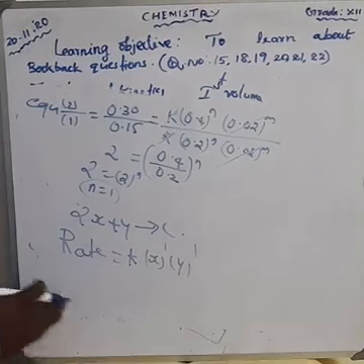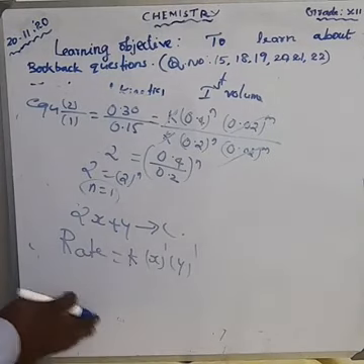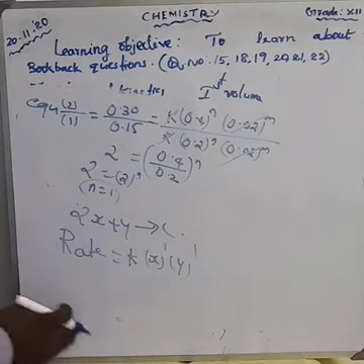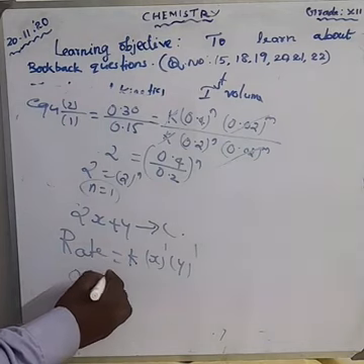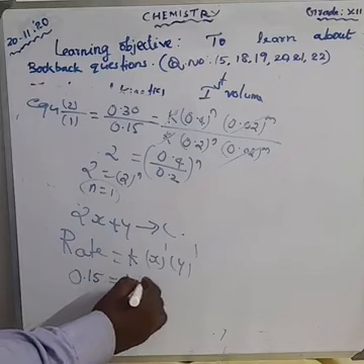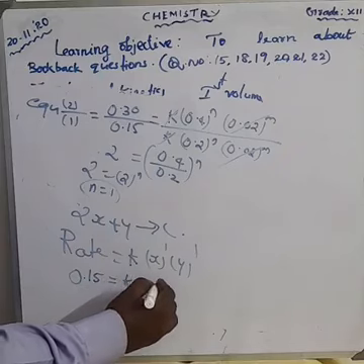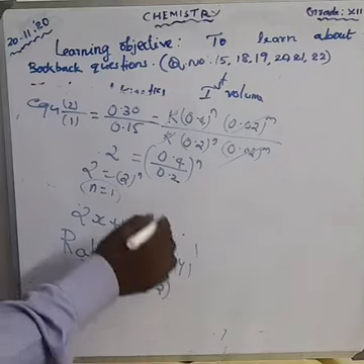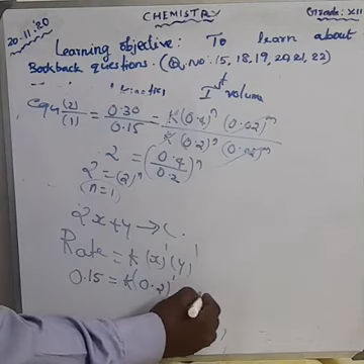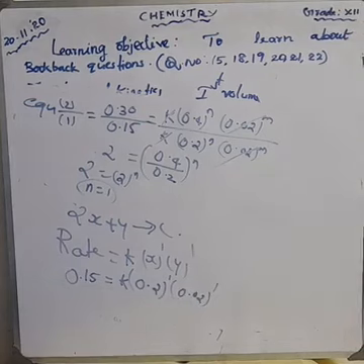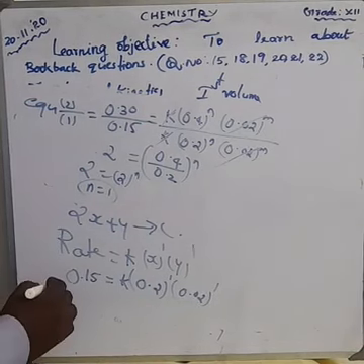So 0.15 equals k into 0.082, and 0.021. Clear?